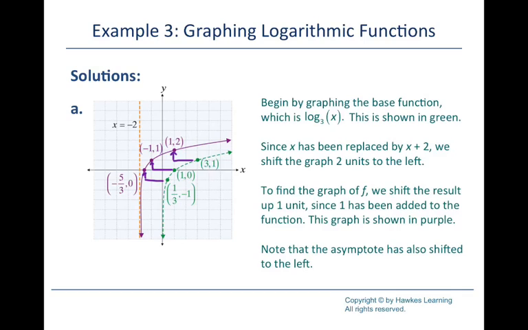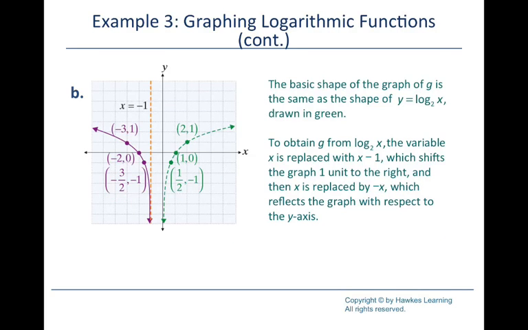So you can graph that parent function and then move things over to see where your new function is going to be. And the asymptote shifted from x equals 0 to x equals negative 2, which it should. It should shift with the graph.